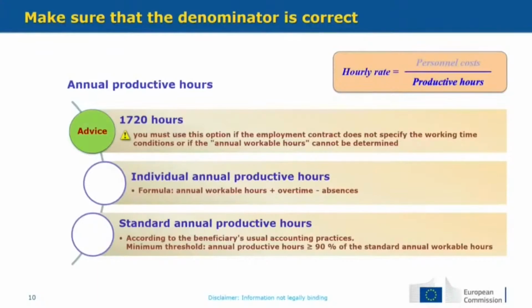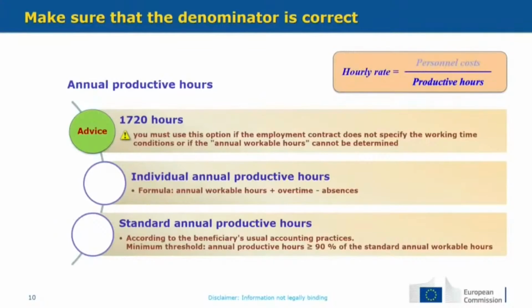For individual annual productive hours, this is option 2, the formula should be used, which is well explained in the annotated grant agreement. So to calculate this annual individual productive hours, first calculate the annual workable hours, deduct absences, and add overtime.